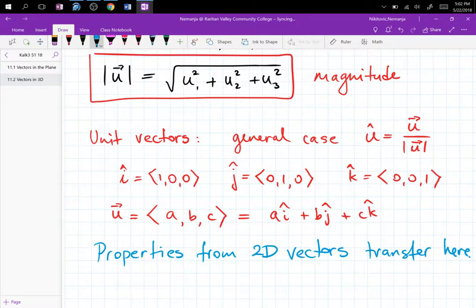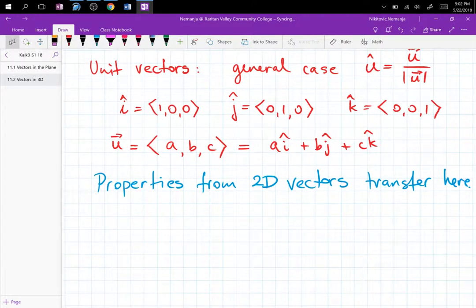Those are just properties of vectors of any dimension. It doesn't matter. So all of the properties still hold the same. Addition of vectors, scaling vectors, so let's put that as well.